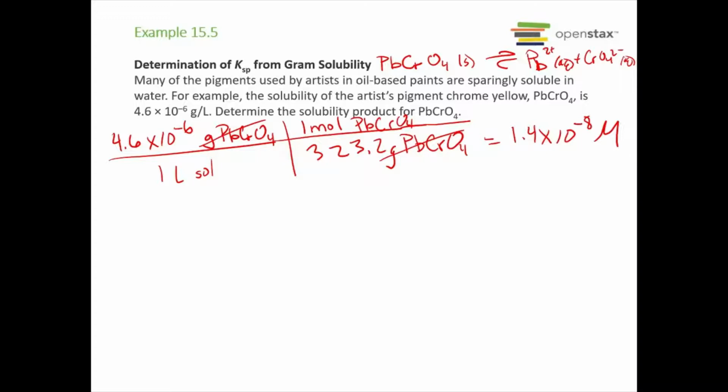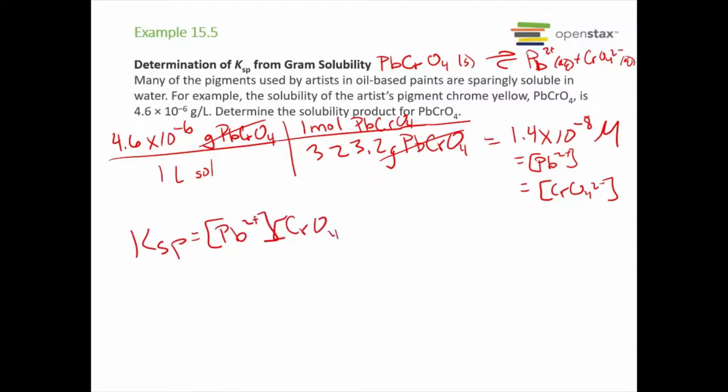And then looking at the stoichiometry, we see it's a 1-to-1 ratio between PbCrO4 and the Pb2+ and the CrO4 2-. So that means that this is also the concentration of our Pb2+ and our CrO4 2-. Okay, so now to find Ksp equals Pb2+ times CrO4 2-.